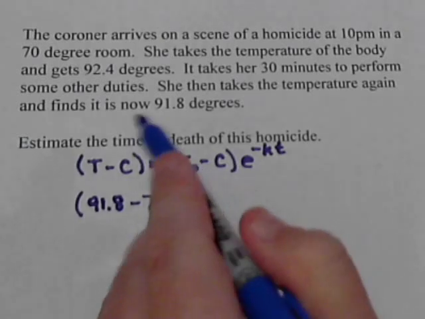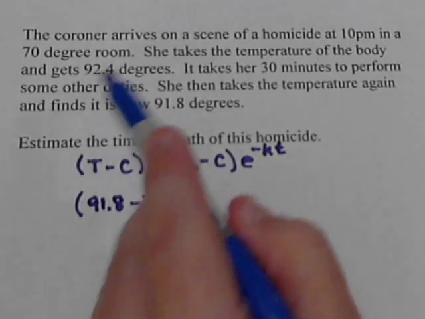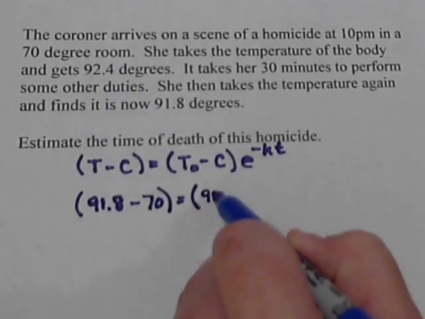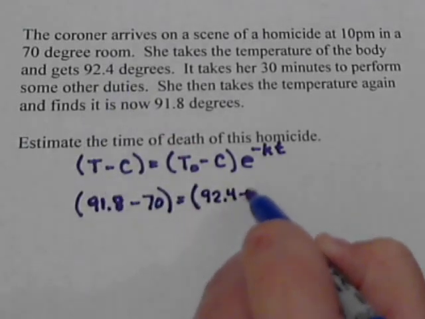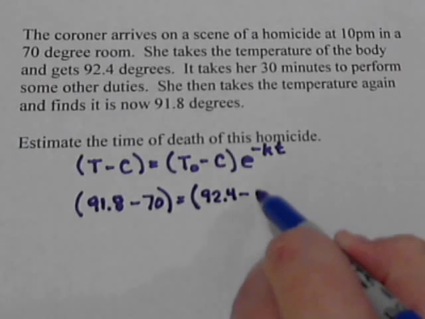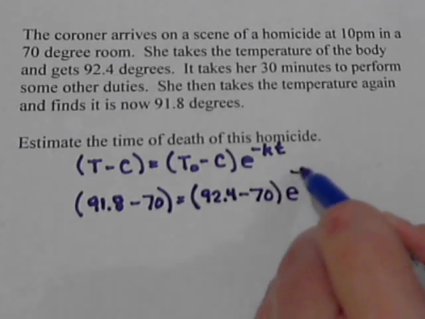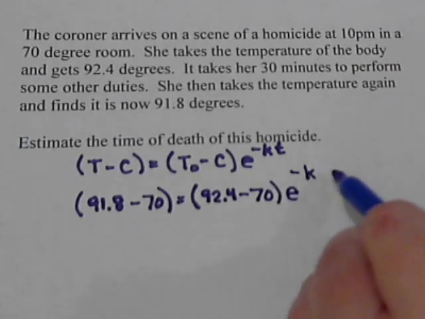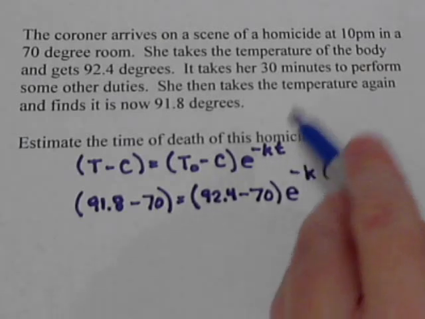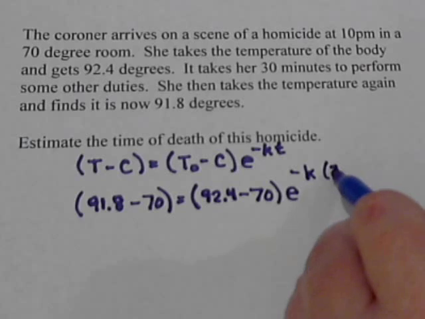Our initial temperature at the beginning of the 30 minutes was 92.4. Once again, C, the room temperature, will be 70. E to the negative K is what we're trying to find, and our little t is the time. This took 30 minutes.